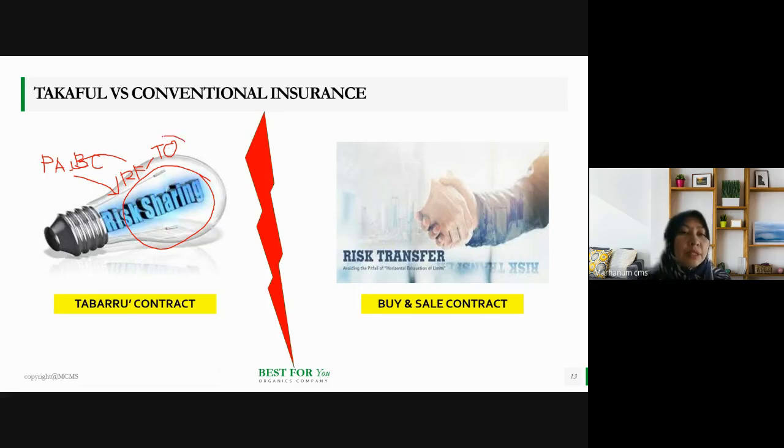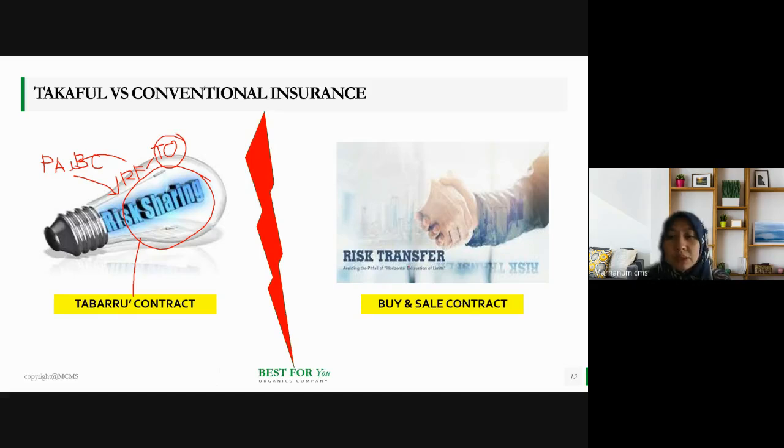The Takaful operator here is just an external party that manages the risk fund on behalf of the participants. So this is the risk sharing concept based on the tabarruk contract.